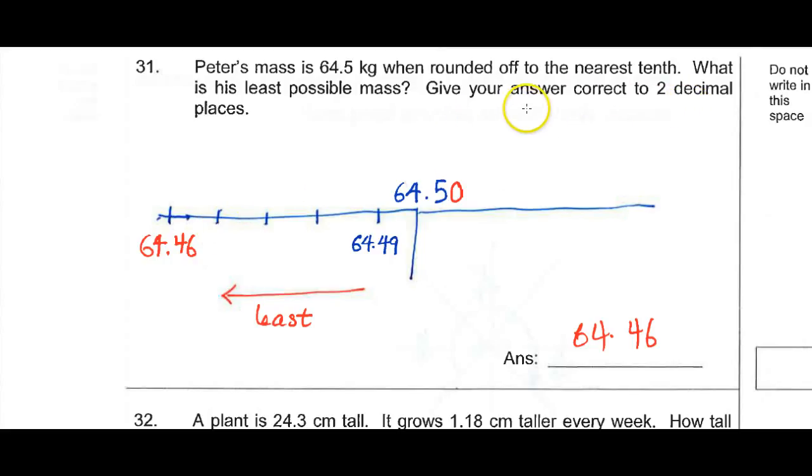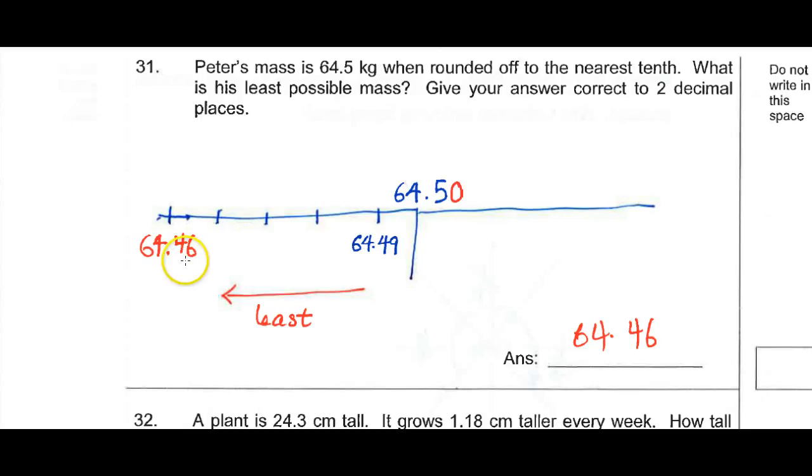Take note, the key word is least. What was his least possible mass? We do not talk about the maximum, the greatest possible mass. So we don't deal with 64.5152554. We deal backward here.